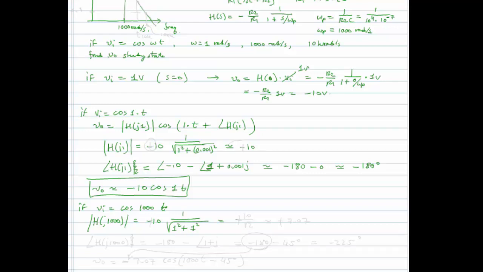So we're going to have minus 10 over the square root of 2, which is approximately minus 7.07. The angle of H of j1000 is going to be equal to minus 180 as before, minus the angle of 1 plus j, which is minus 180 minus 45 degrees, which is minus 225.